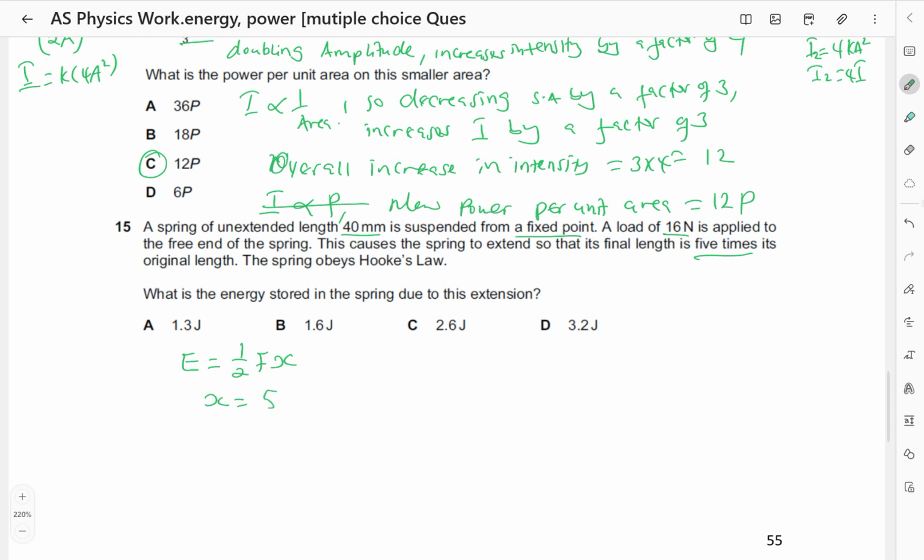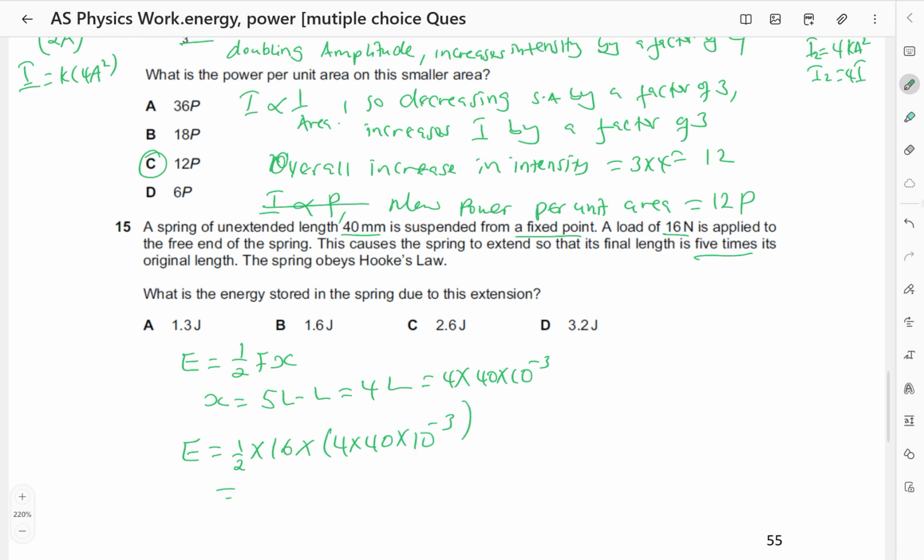So the extension is 5L minus L, which is 4 times L, which is 4 times 40 times 10 to the power negative 3. So the energy is a half times 16 times 4 times 40 times 10 to the power negative 3.